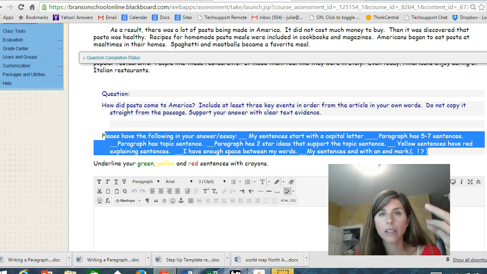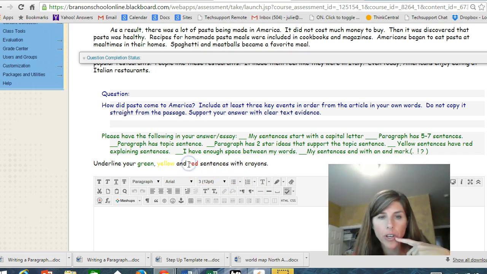So yellow, red, and a concluding sentence. I am encouraging returning students who are ready to give more than 1 red sentence as well, because remember, red sentences are explanation sentences, and the more explanation you put in, the better.